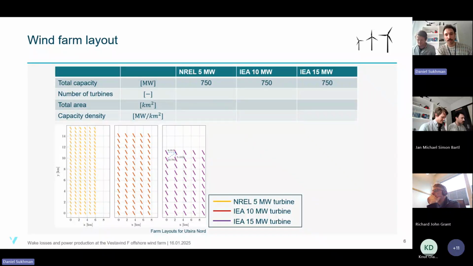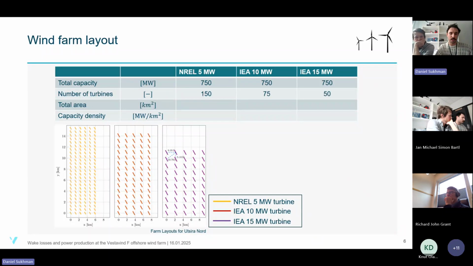For example, the IEA 15 megawatt version has this big white spot on top right. This is because we decided to fix the total capacity and make a comparable study of 3 wind farms which have the total capacity of 750 megawatt, and also have comparable spacing between turbines to have a better comparability.